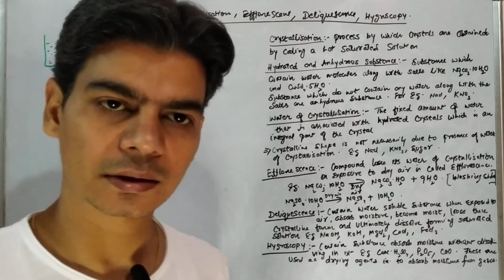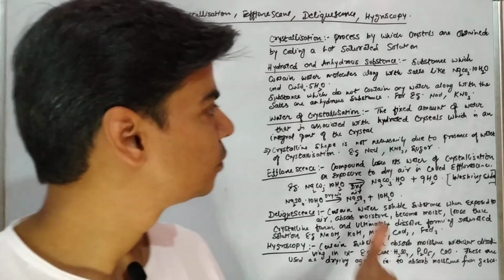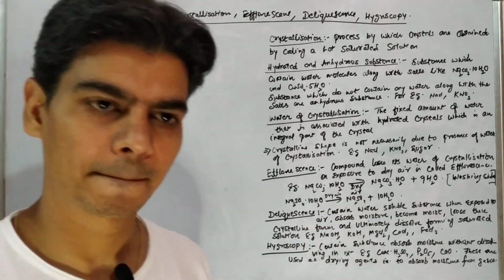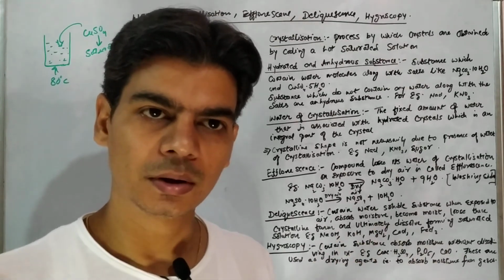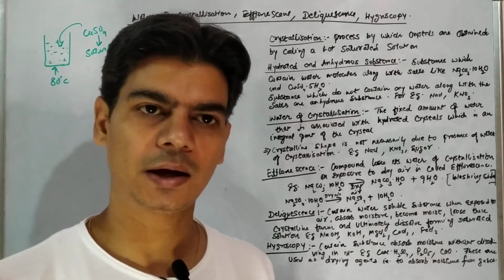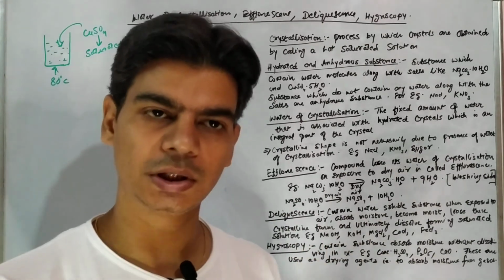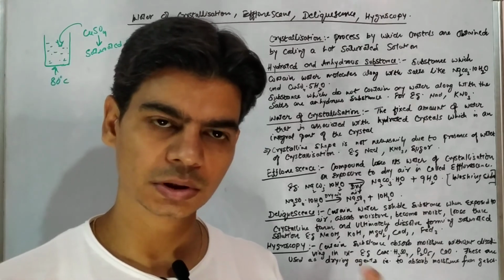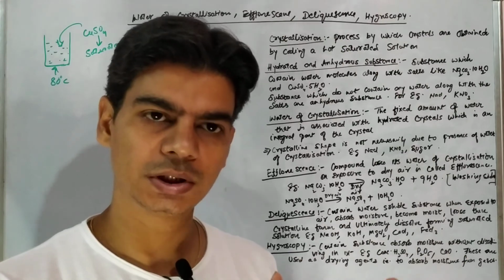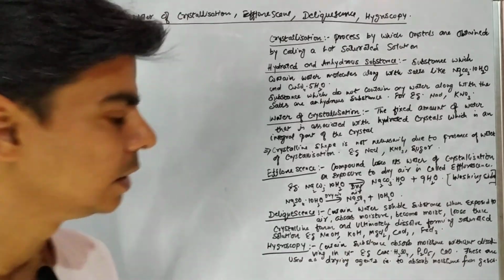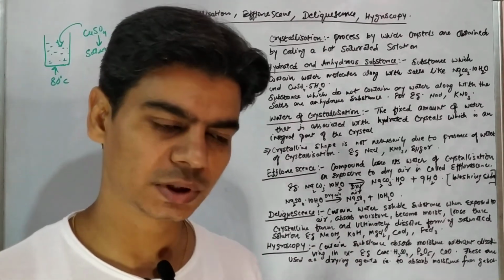Now, there are two types of crystals that we get using crystallization. One form of crystals will have some water molecules associated with the crystals. Then there are other types of crystals.